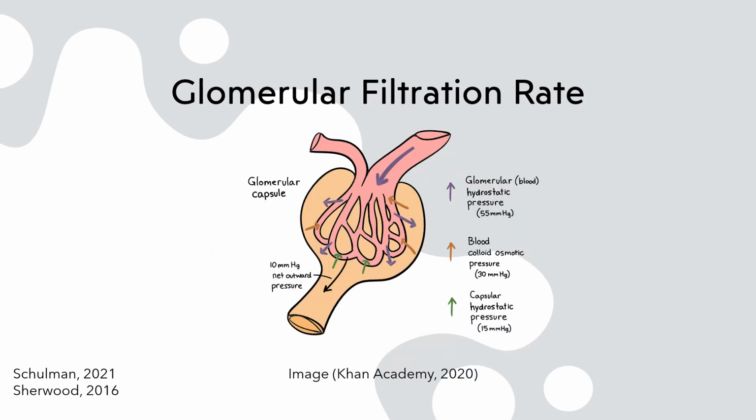Okay, and the next slide, we're going to talk about what's called glomerular filtration rate. Since you already know what glomerular filtration is and you already know what filtrate is, now we're going to talk about the glomerular filtration rate. So basically, it's a test that will determine how well the kidneys are functioning, how well they are filtering.